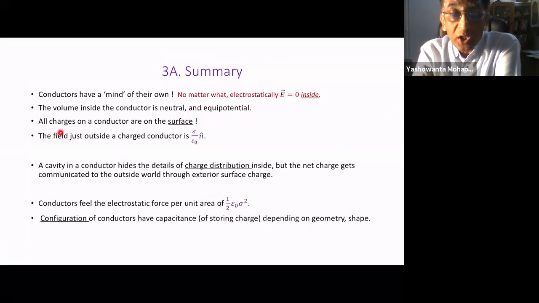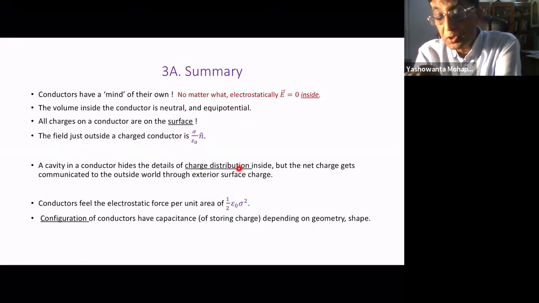All charges in a conductor are on the surface. The field just outside a charged conductor should be sigma by epsilon naught. A cavity in a conductor hides the details of charge distribution inside, unless of course it is grounded. But the net charge gets communicated to the outside world through exterior surface charge.